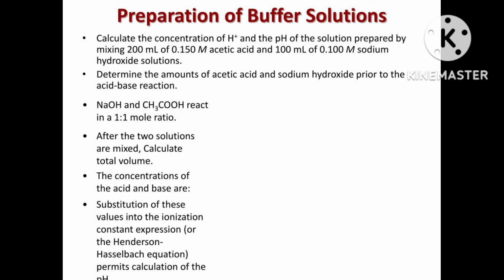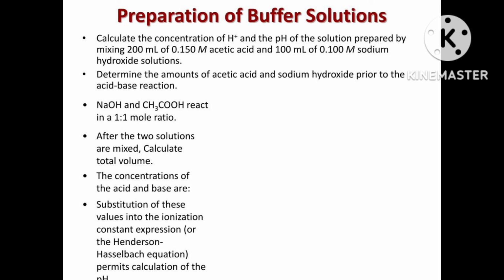Therefore a buffer of pH close to 9.25 can be obtained by taking ammonia solution and ammonium chloride solution of equal molar concentration. If you mix them, this buffer solution will be ready.